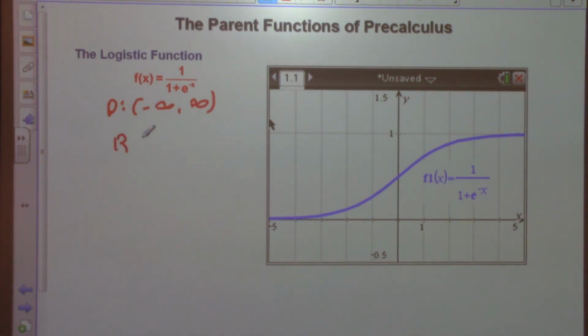Range, 0 to 1, excuse me, I said negative infinity. 0 to 1, right? Boundedness, right? It's bounded above and below.